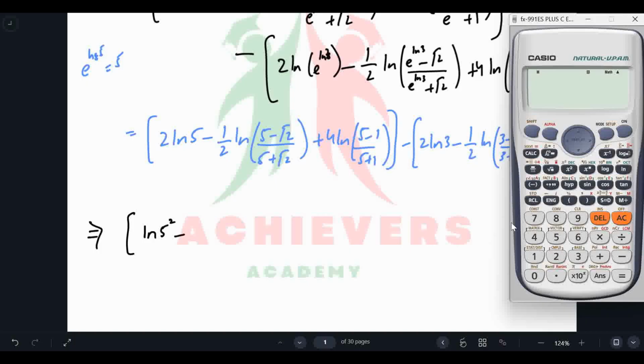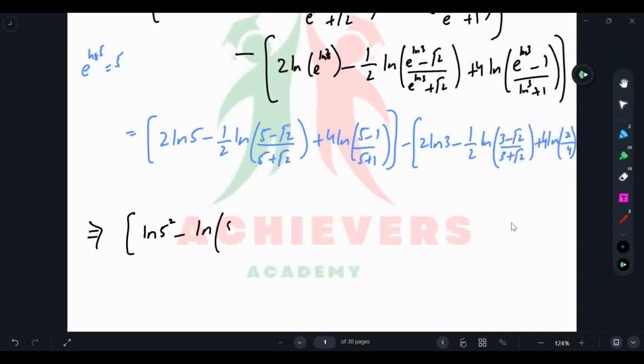So this will be natural log of 5 minus square root of 2 divided by 5 plus square root of 2 whole power 1 by 2, and then this will be plus 4 natural log of 4 by 6. 4 by 6 means 2 by 3.